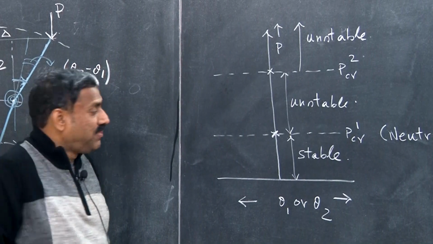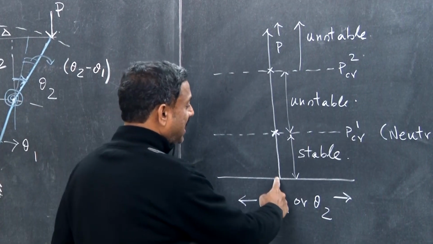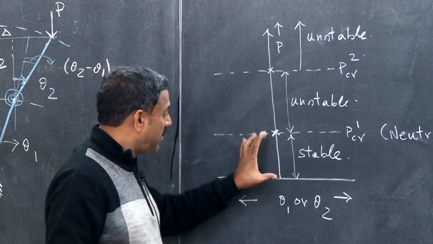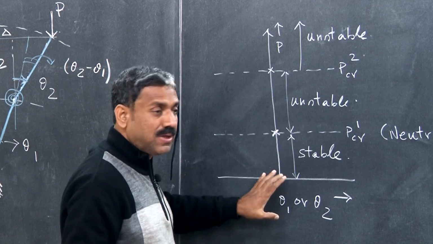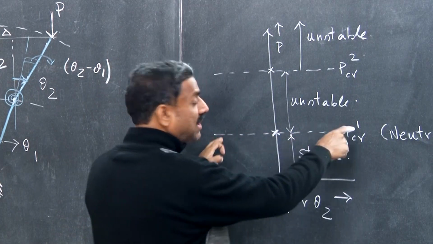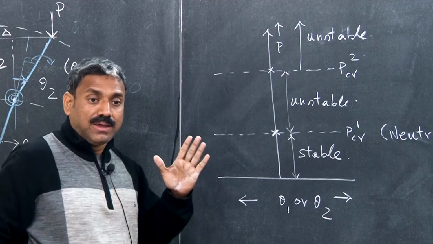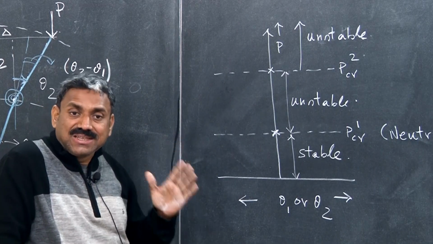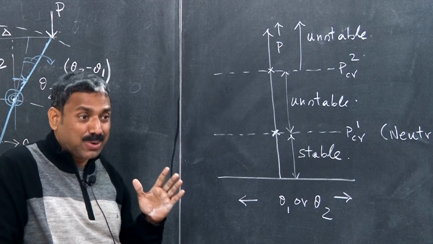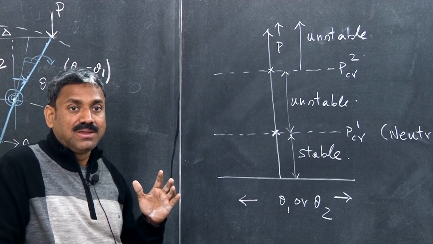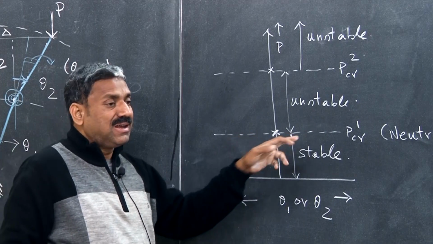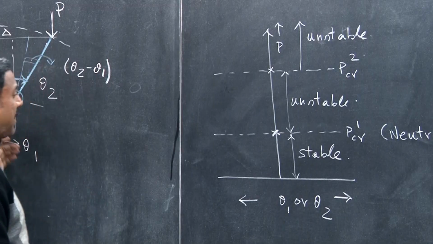Why bifurcate? Because from here it is theta 1, theta 2 equal to 0, but if you want to attain an equilibrium other than theta 1, theta 2 equal to 0, then what will happen?